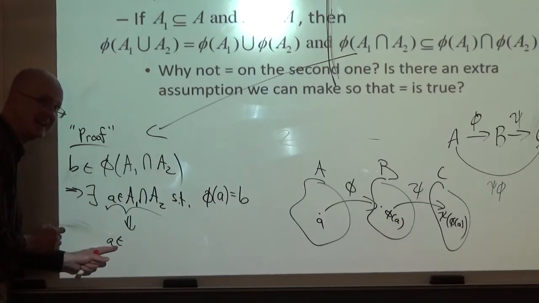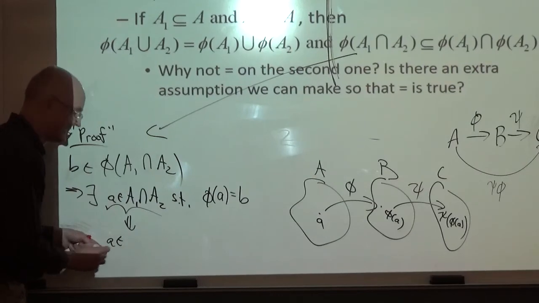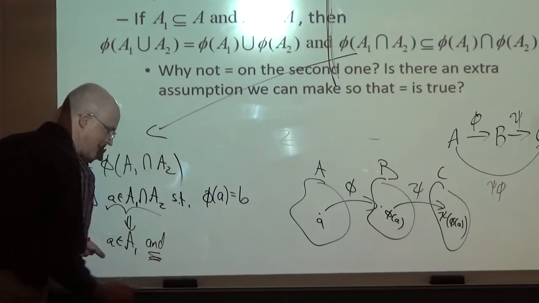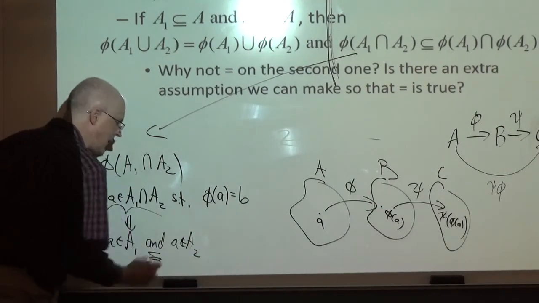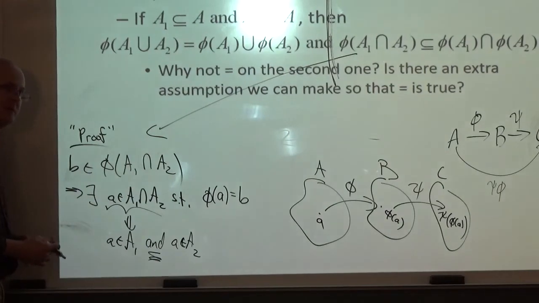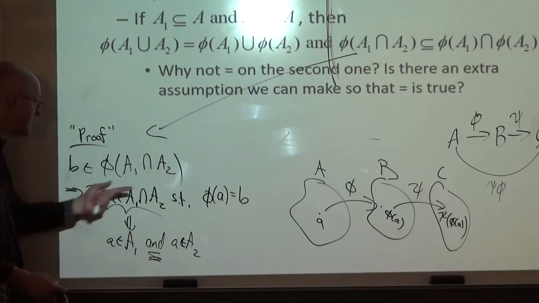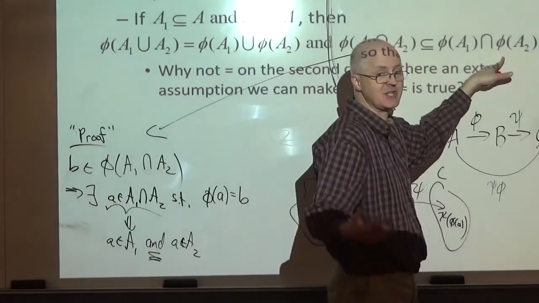A is in the intersection if and only if it's in both of them. Emphasis on the word and. If it's in the union, it would be in one or the other, or both. But A being in both A1 and A2 means really B is in both of these sets. And so it's in their intersection. Done.